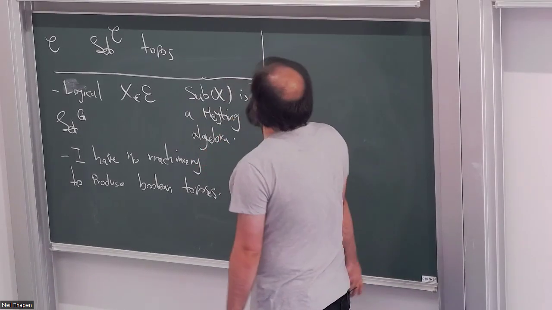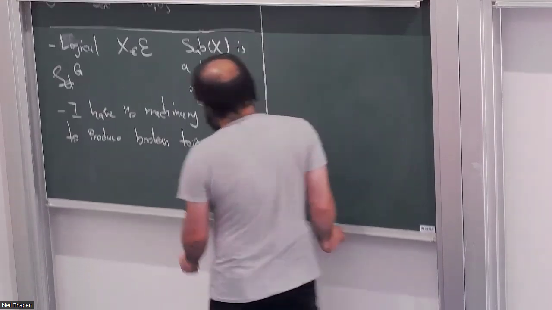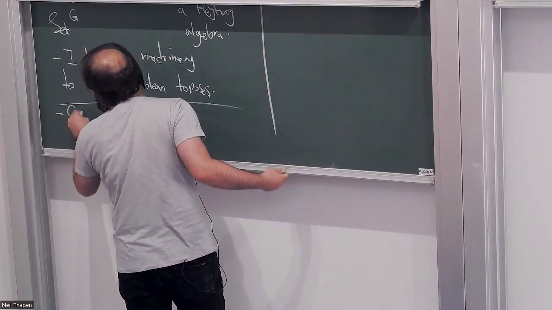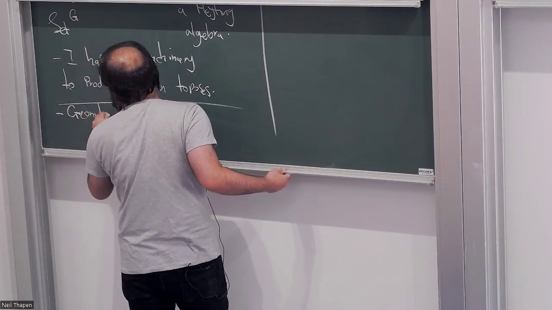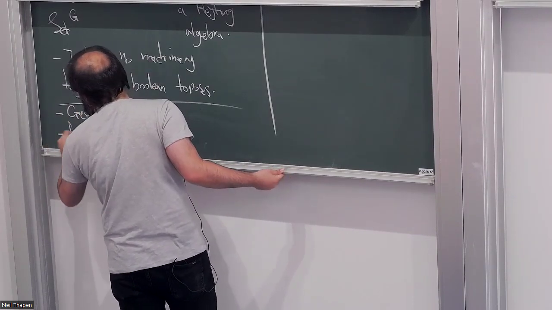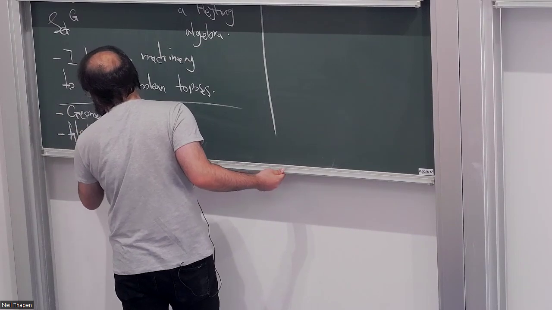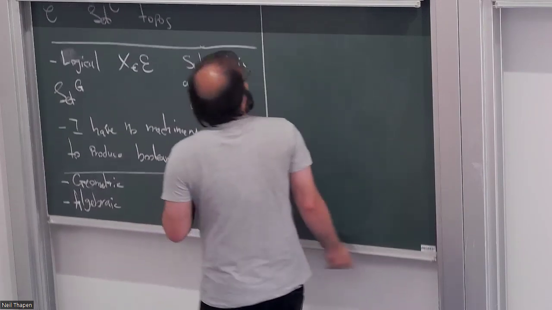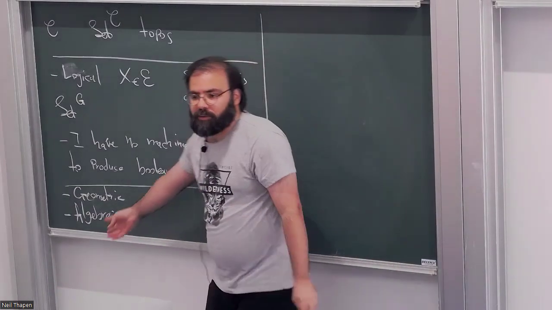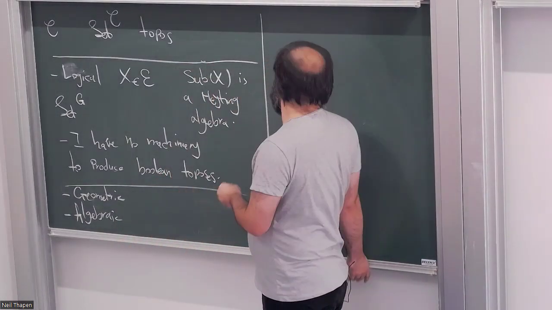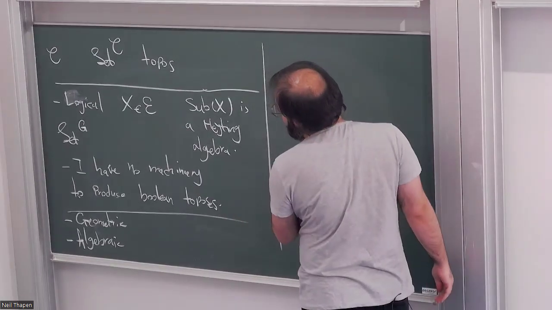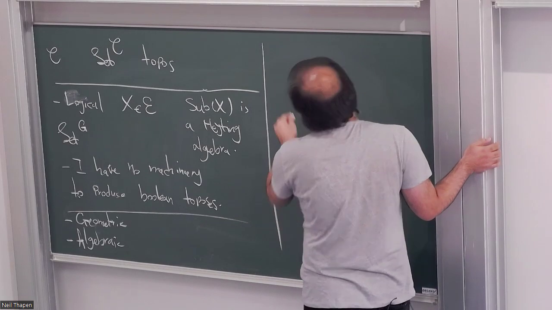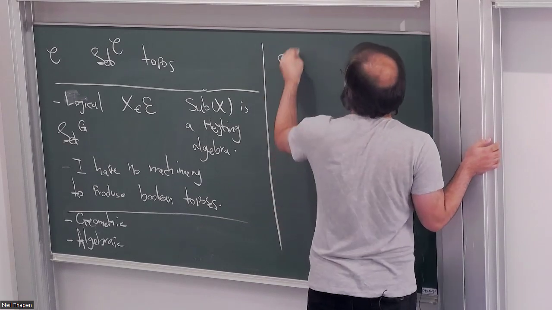No machinery for classical logic. Then I said that there are two others, the geometric one and the algebraic one, and then I said nothing about them. And to explain these two, we had to go through some sort of interpretation of this topos or this category.